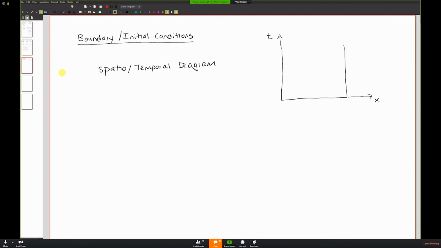So just like before, we have a boundary condition on the left, which can depend on h and h_x. And then we're going to have a boundary condition on the right. But we're going to need two initial conditions down here.